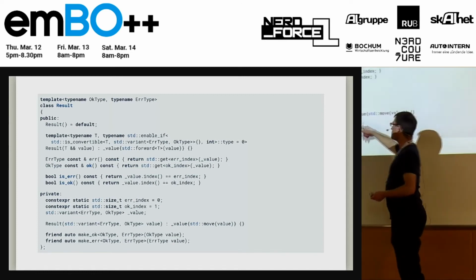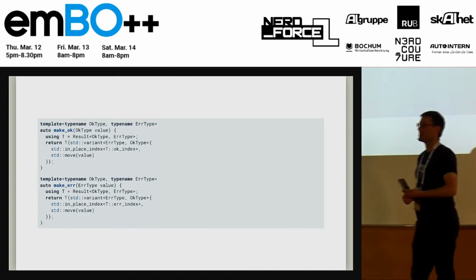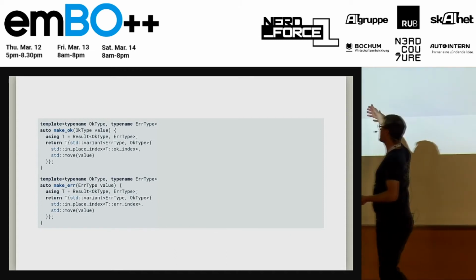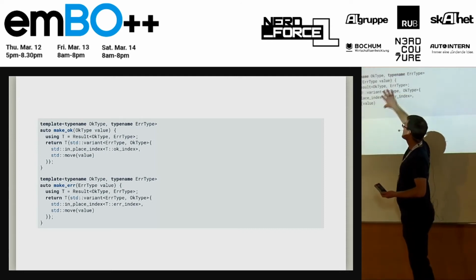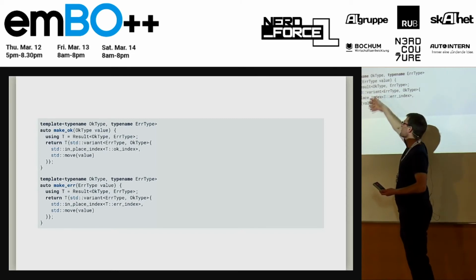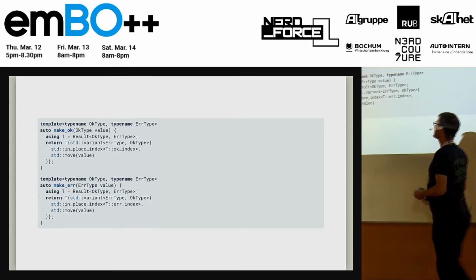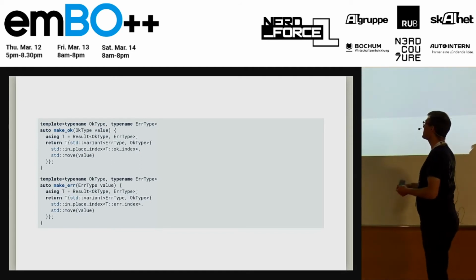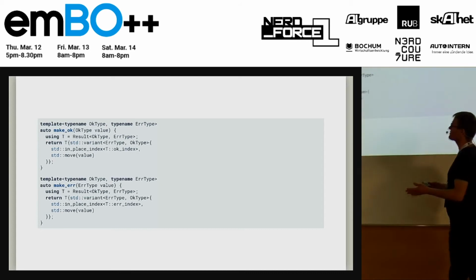And then there are two friends which are like make_unique or make_shared. They're just make_ok, make_error. They're also not that complicated. It's just a little bit complicated because you cannot use the types to find out what to call. You have to use the index. But it's just creating a variant or a result, putting in the variant type and returning that.